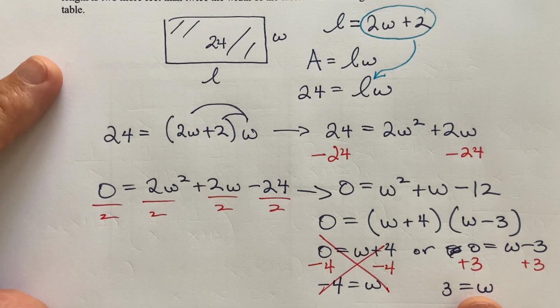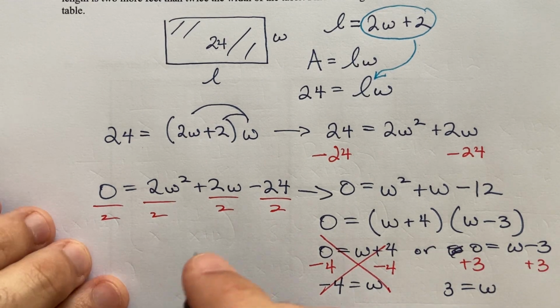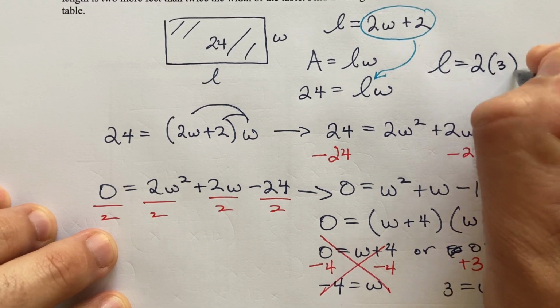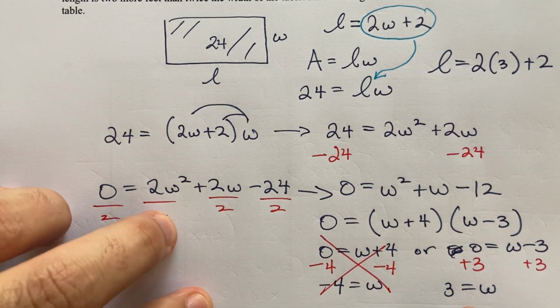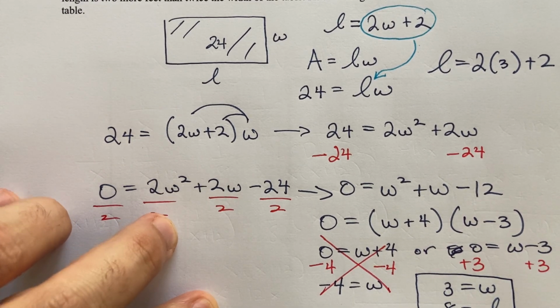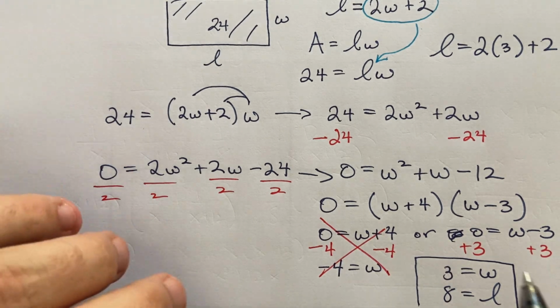So this is our width. To get L, I plug that in here. So L would be equal to 2 times 3 plus 2, in other words, 8. And these are both a number of feet.